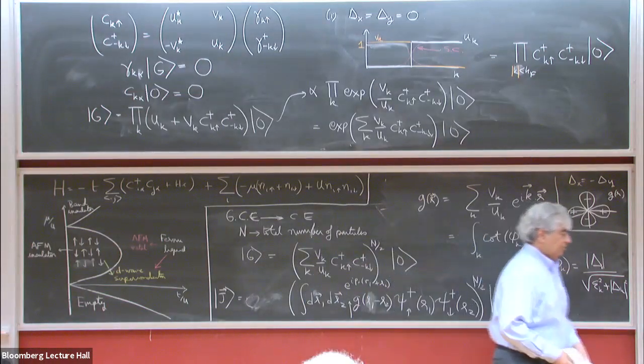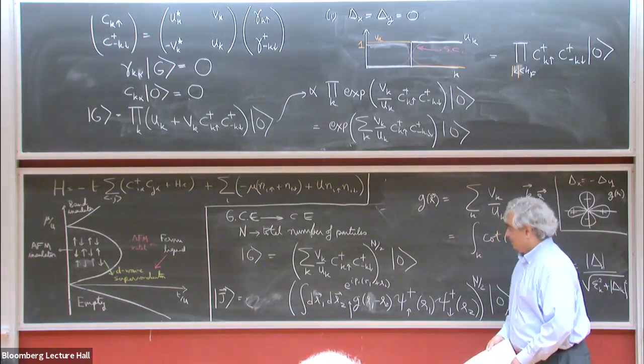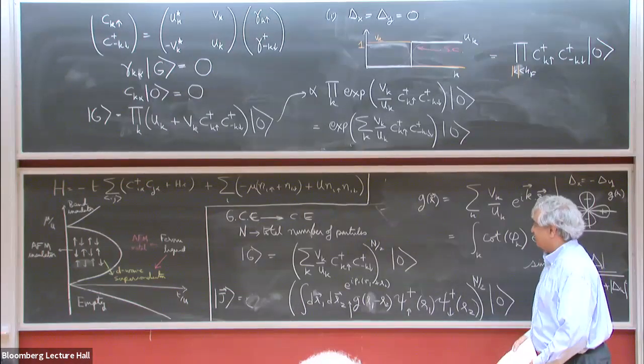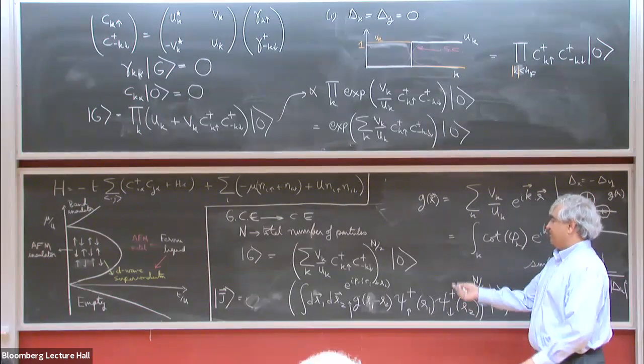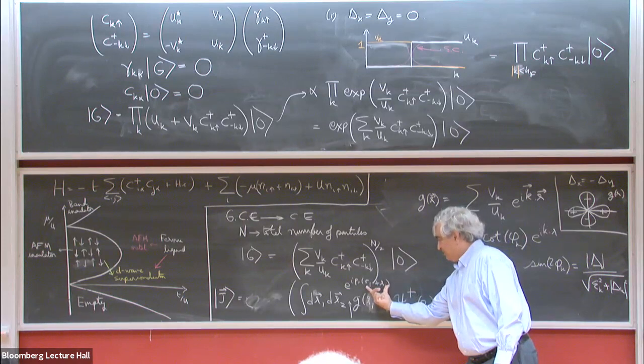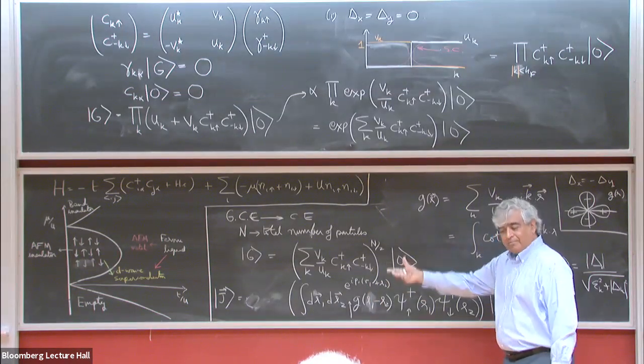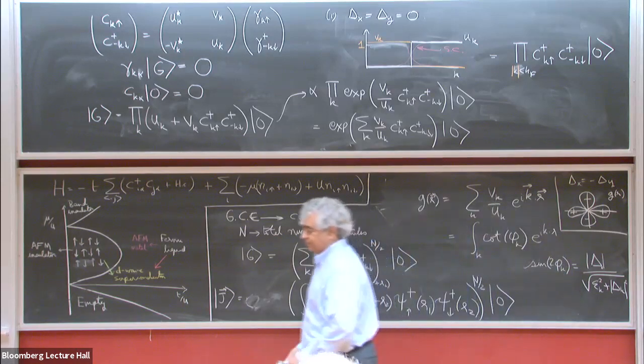And all the issues of broken symmetry and superfluid stiffness that we talked about transfer here with no change, except the boson is not a point object. So you have to refer to the center of mass coordinate of the boson to map it onto the theory of Bose-Einstein condensate.